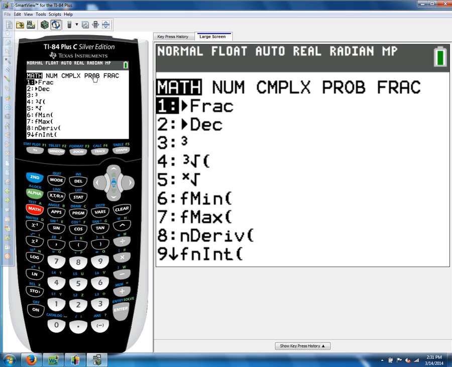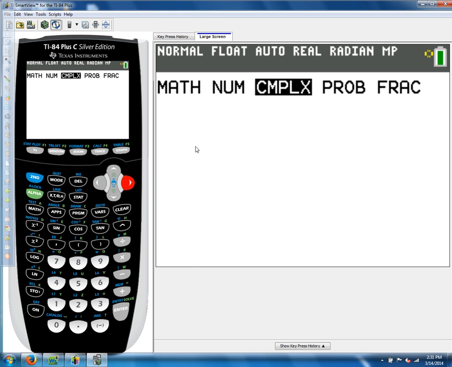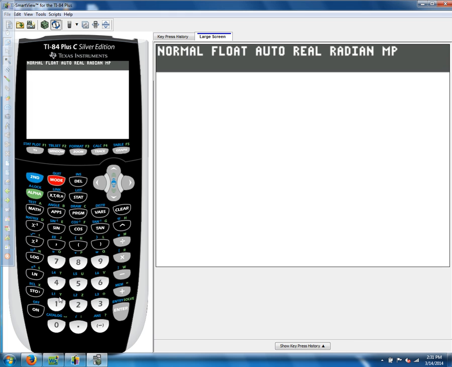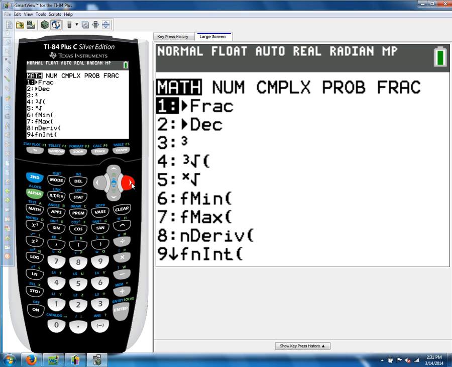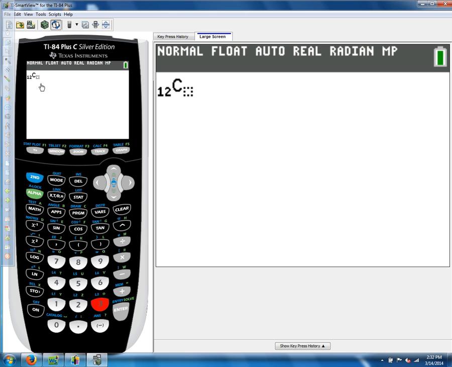That's what the PROB means. So arrow over to probability, and then it's number 3. So if we want to do 12 choose 4, I'm going to clear out of there. I'm going to do 12, and then I go over to probability, down to number 3. So there's 12 choose 4. I hit enter, and the calculator tells me that's 495.